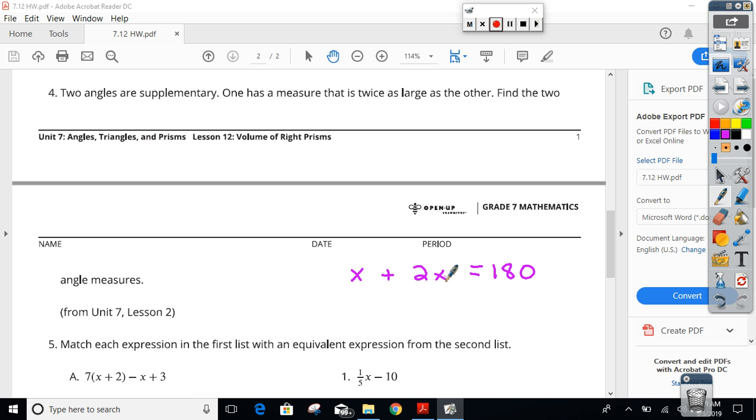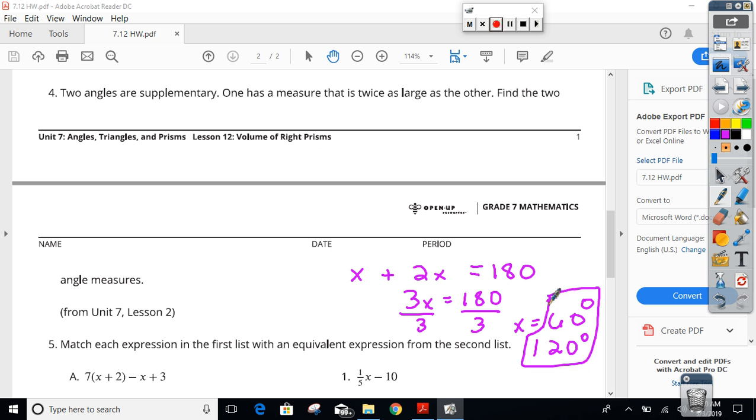Combining like terms gives us 3x equals 180. Dividing both sides by 3 gives us x equals 60. So one of the angles is 60 degrees. The other angle would be 2 times 60 degrees, or 120 degrees. So these are the 2 measures of the angles that we're looking for. Questions about that?